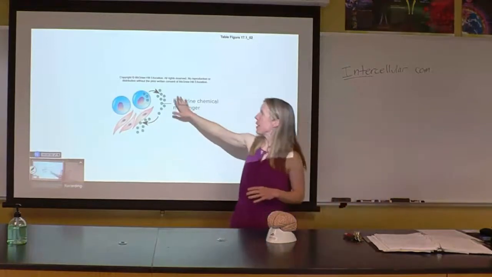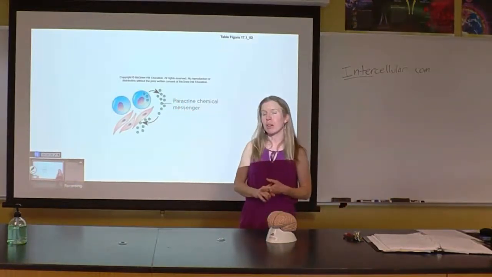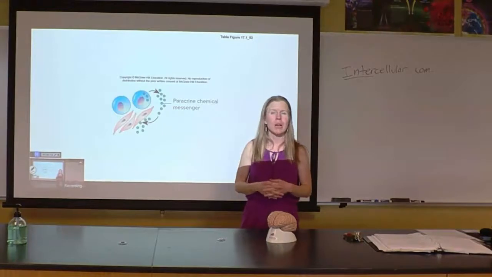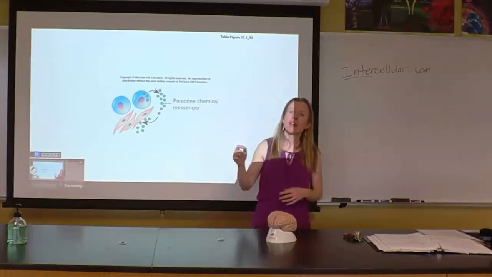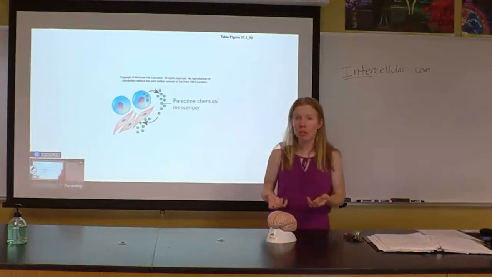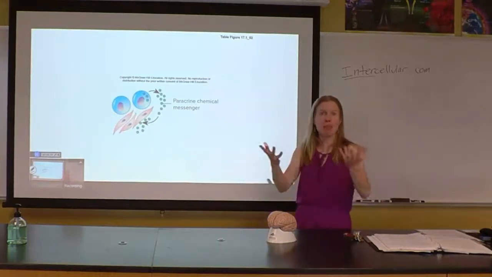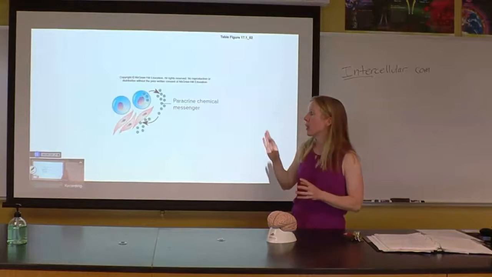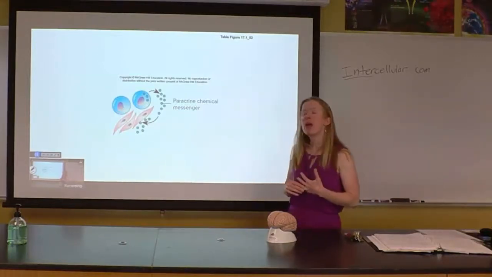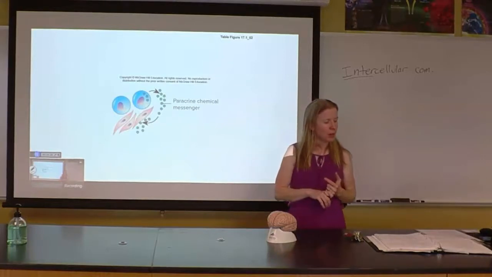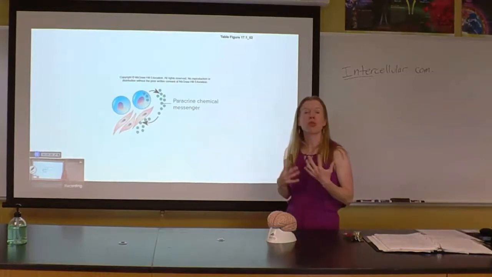And so these messengers, often called paracrine factors, or sometimes local hormones, are being released into the extracellular fluid, right? All these cells are just kind of bathed in extracellular fluid, and that's how these messages are going to get passed along. You'll see this happen with some different growth factors.